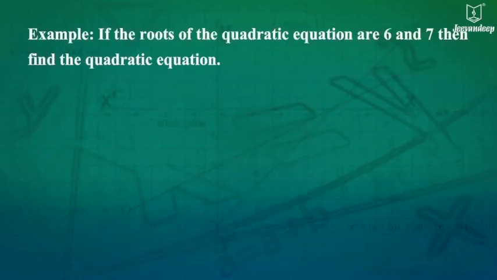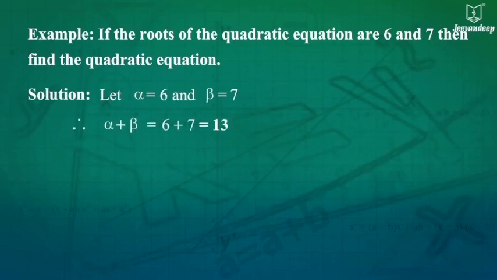Example: if the roots of the quadratic equation are 6 and 7, then find the quadratic equation. Let alpha equals to 6 and beta equals to 7. Then alpha plus beta is equal to 6 plus 7 is equal to 13.